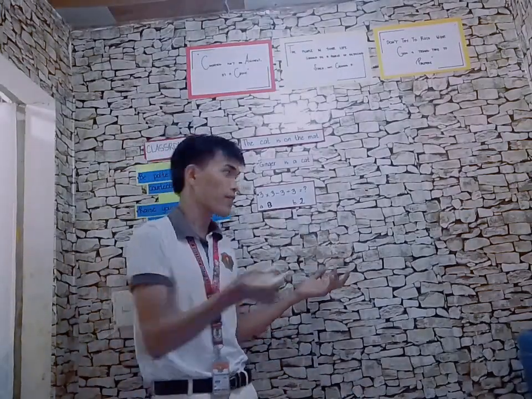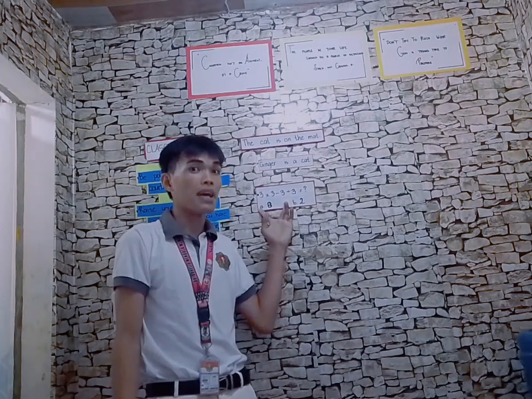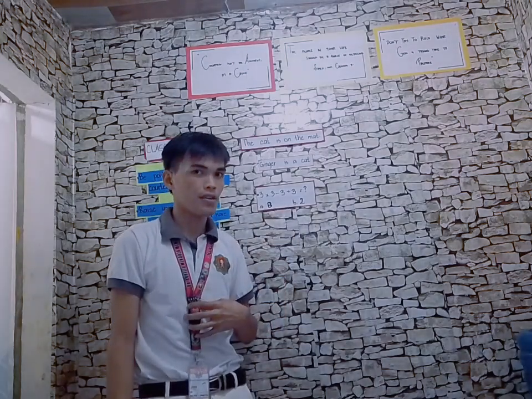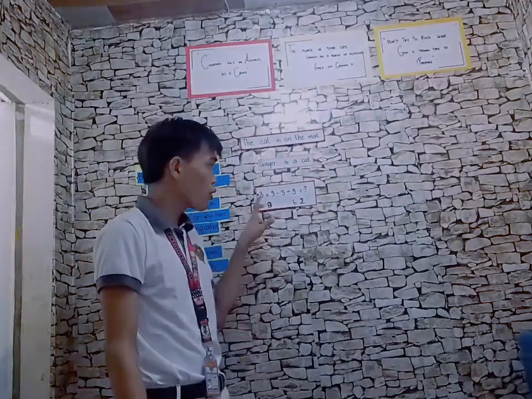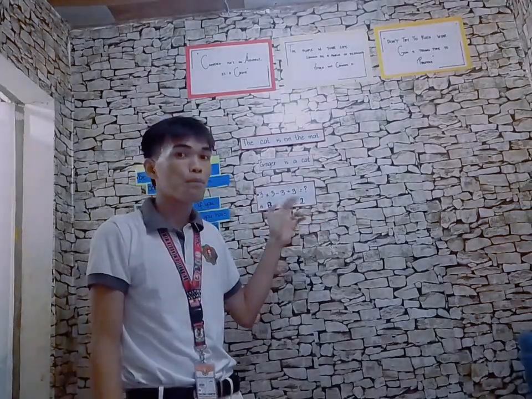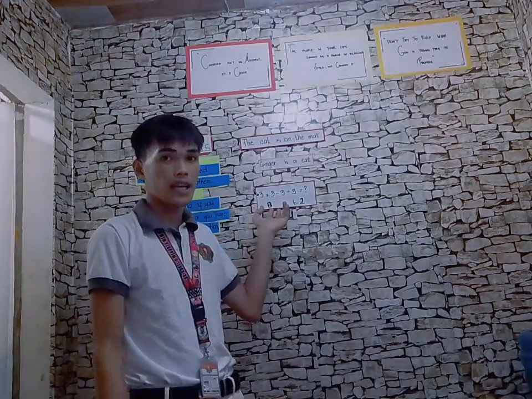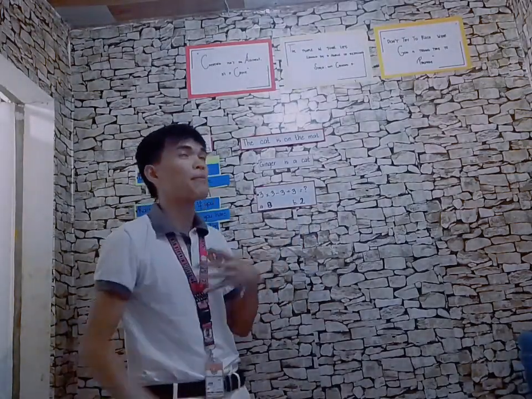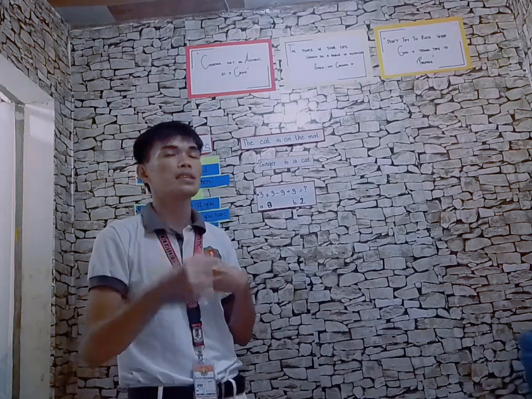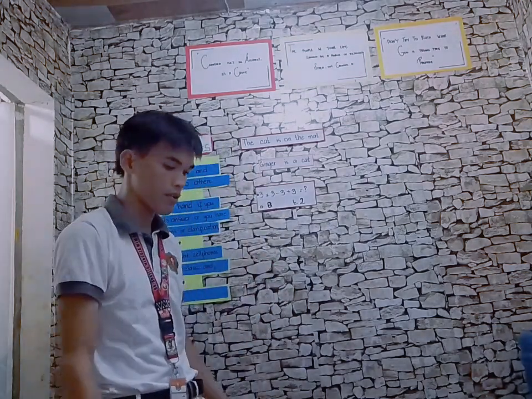So we all know that both of the choices might be the correct answer, right? So now all we have to do is to have proofs to justify which answer is correct and which answer is not correct.